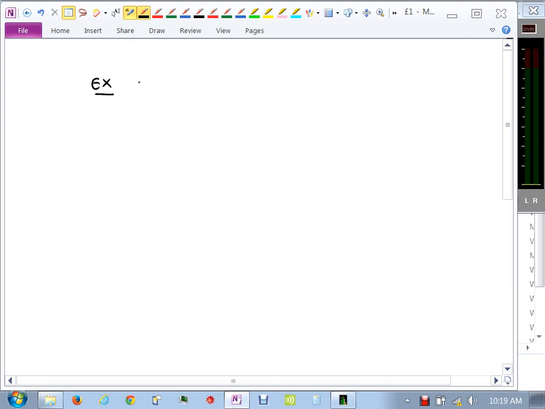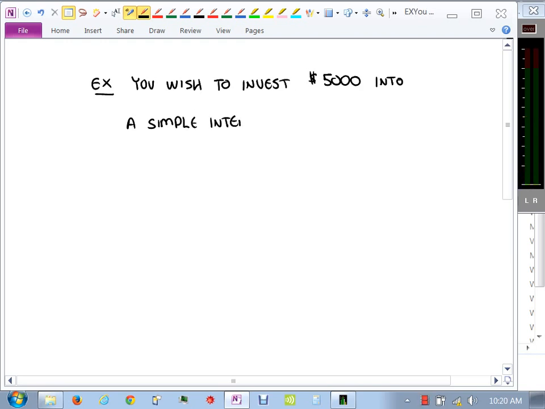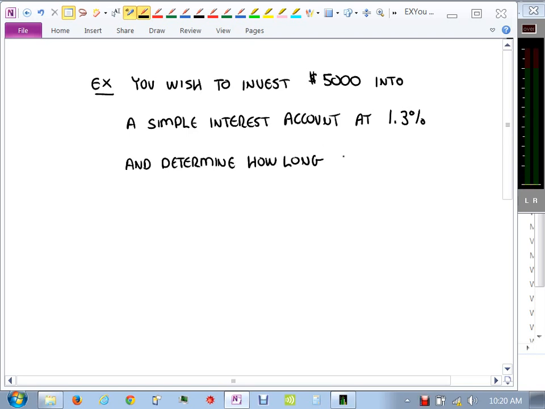First example. You wish to invest $5,000 into a simple interest account at 1.3% and determine how long it will take to double.